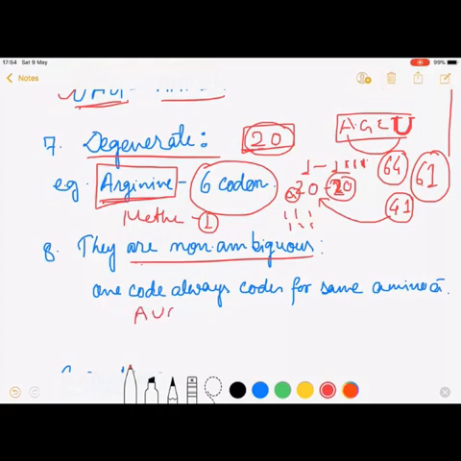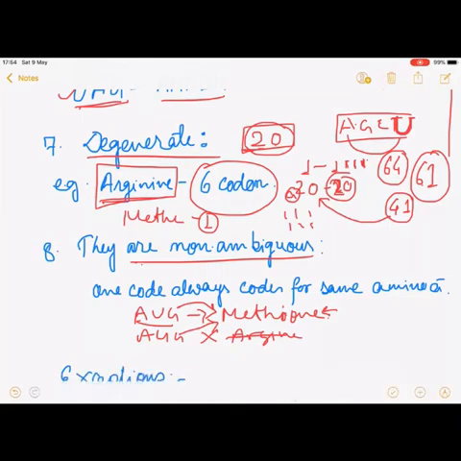If AUG recognizes methionine, then AUG will never recognize arginine. This never happens. It will always code for methionine. That means whenever and anywhere AUG comes, the amino acid methionine will come. This is specificity. They are highly specific. That is why they are called non-ambiguous.